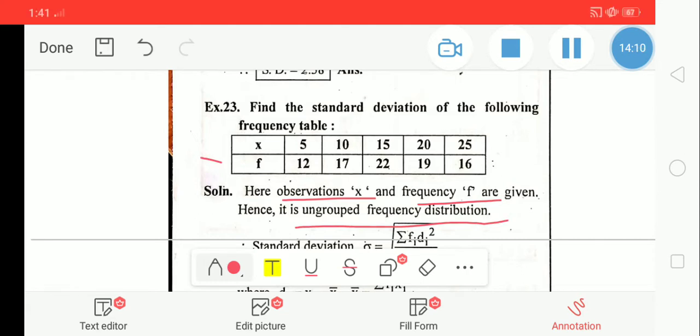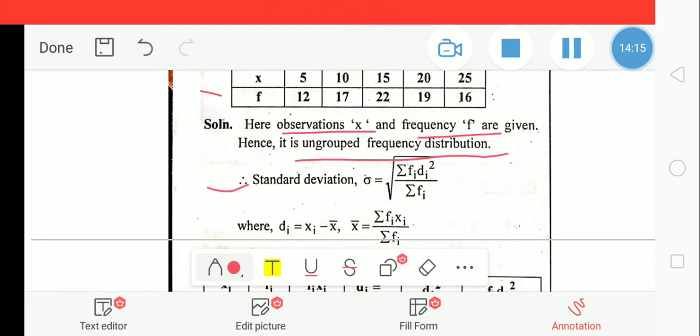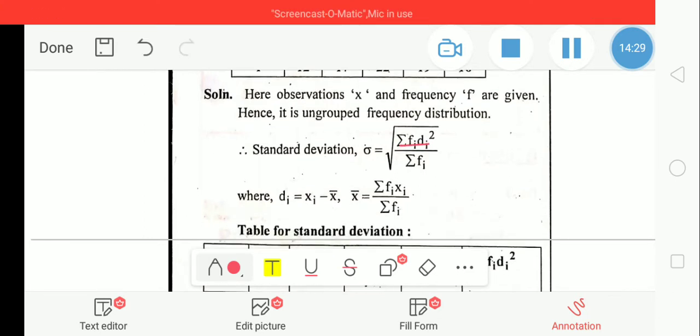We know that sigma is equal to under root summation fi di square divided by summation of fi. We know that di means xi minus x bar, and x bar is the mean, that is summation of fi xi divided by summation of fi.